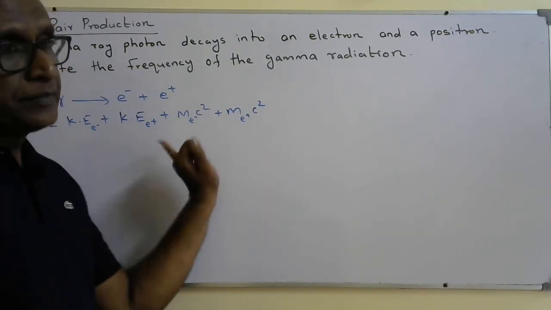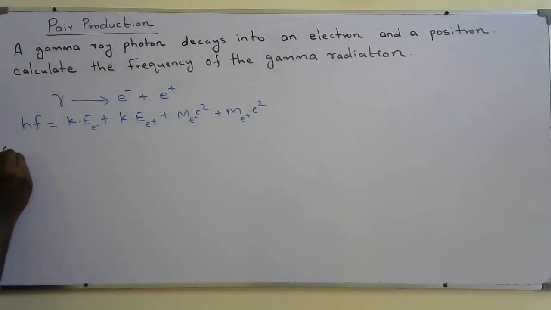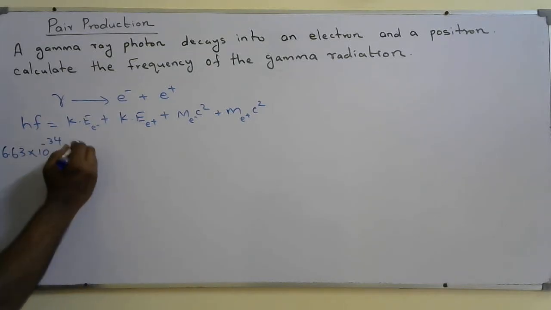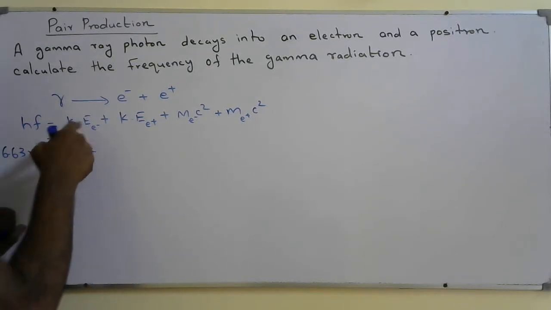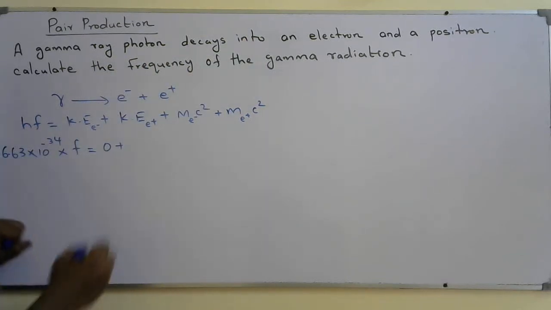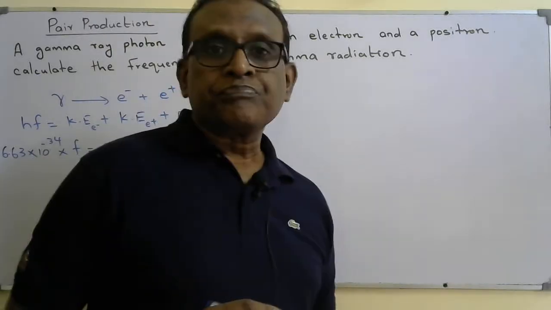They have the same mass because they are antiparticles of each other. So 6.63 × 10^-34 times f is equal to kinetic energy of electron, which I take as 0, and kinetic energy of the positron, which also should be 0.